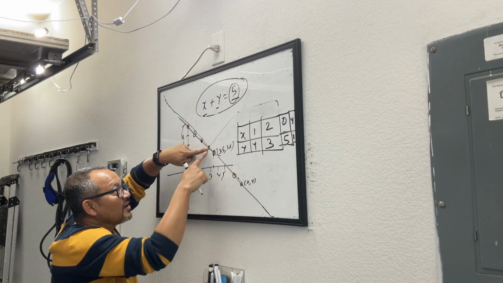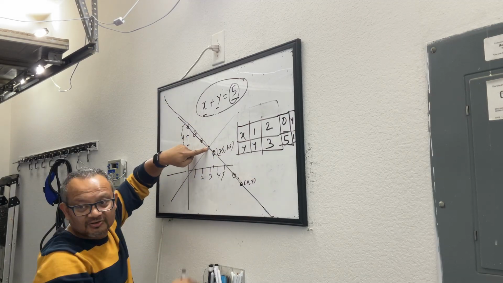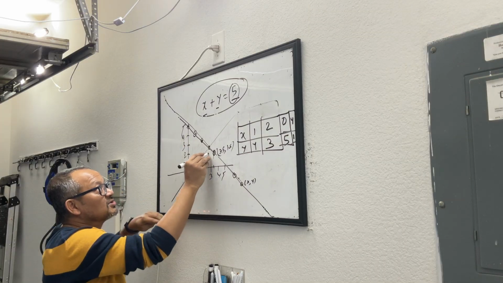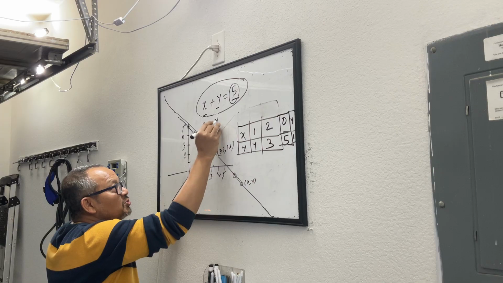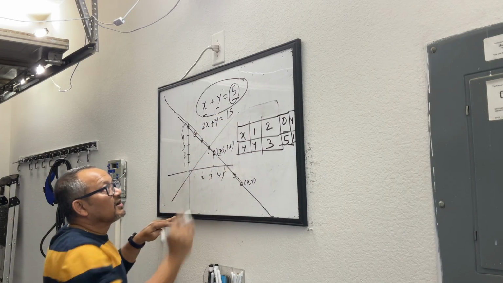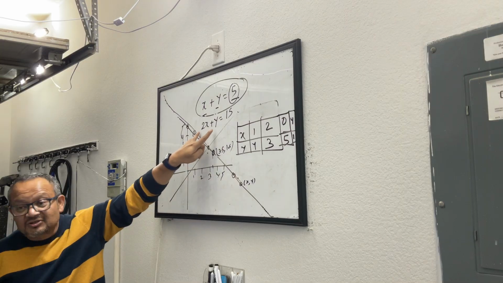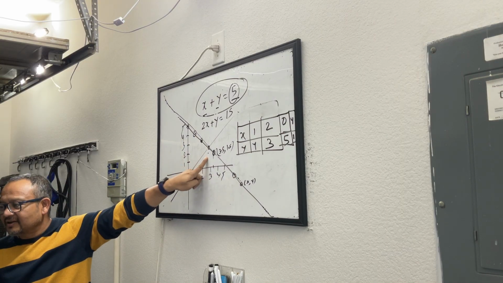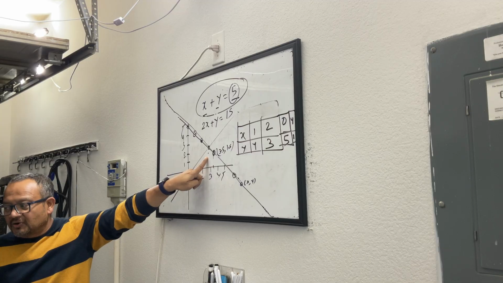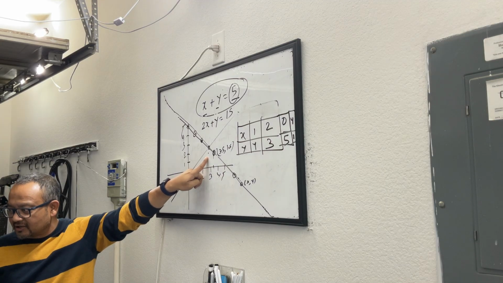And that x and y value satisfies this line and also satisfies this line. That becomes a solution. So if you are trying to solve for two variables, you need at least two equations, and you are seeing a visual of it. To solve for two variables, you need two equations. Does it make sense?